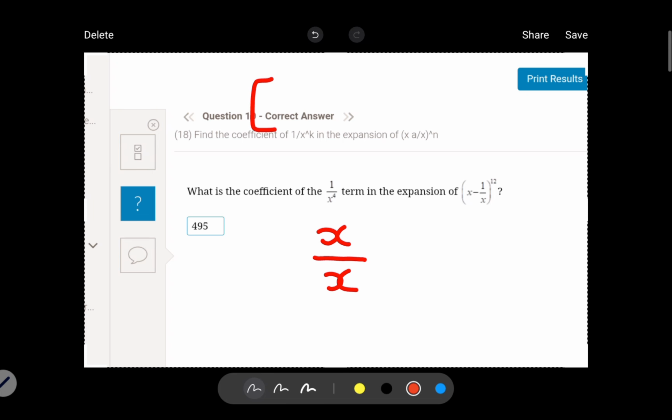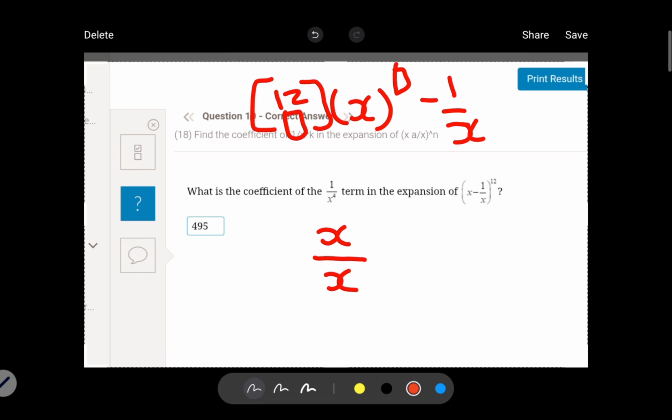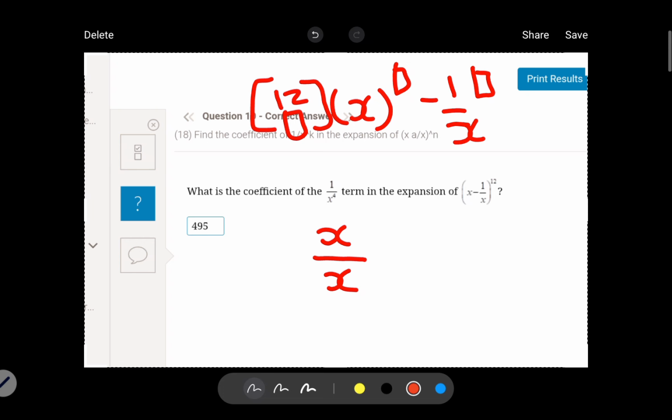You put this and then 12 box and then x to the power of box, (-1/x) to the power of box also. Okay, so you have to think in your mind, what you add gives you 12, and then when you minus them, it gives you 4. 8 and 4.